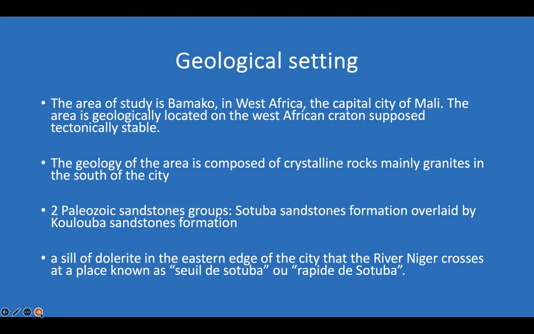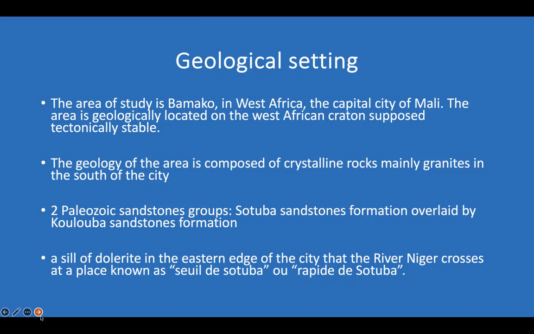The area of Bamako is composed mainly of crystalline rocks that are the basement, and above the crystalline rocks we have sandstones. We have two groups of sandstone in Bamako. The first one is called the Sotuba sandstone, and the second one is called the Kulouba sandstone formation.